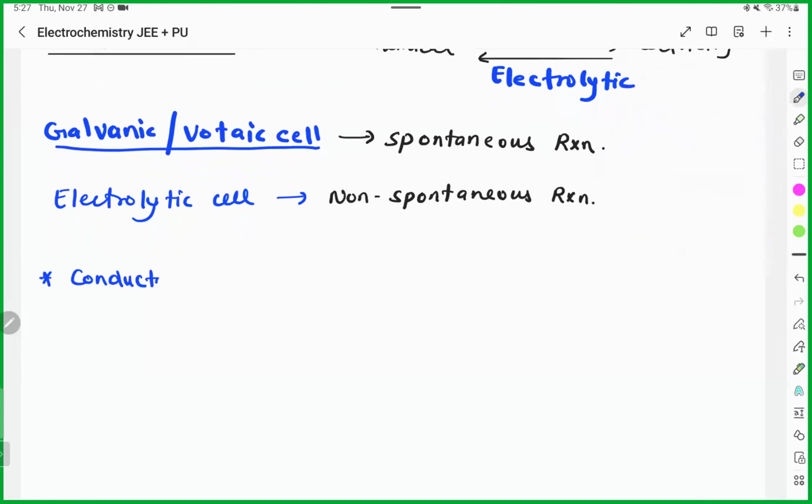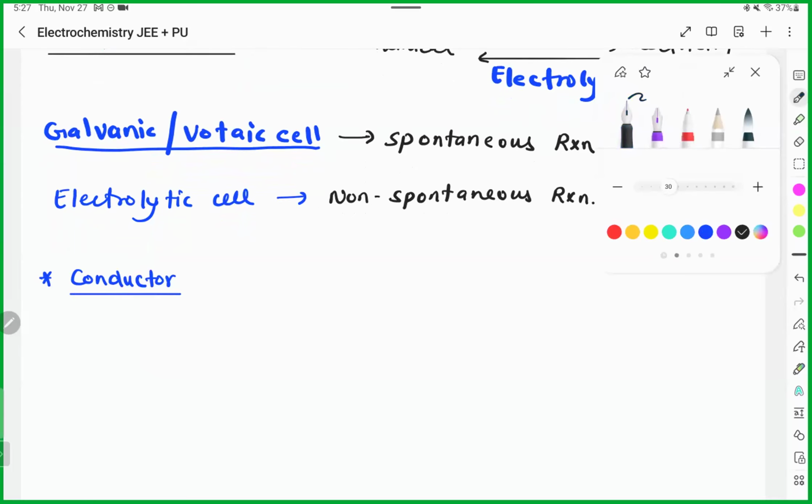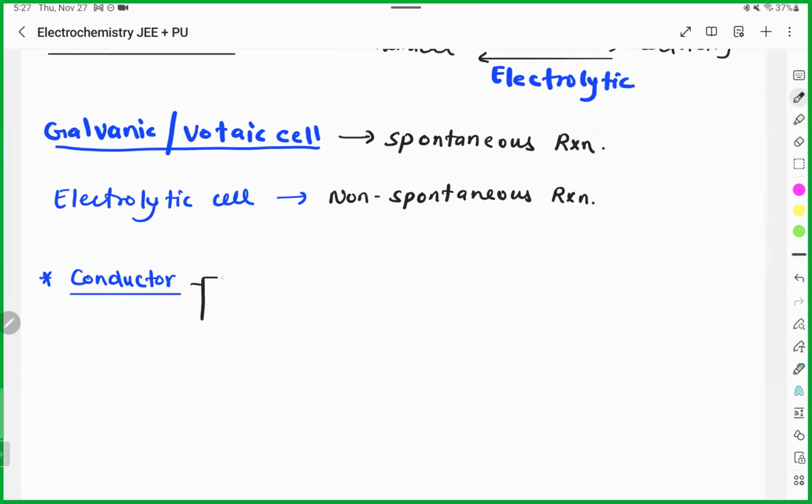Come to the conductor. You know what a conductor is. What are the different types of conductors, Jimmy? Metallic conductor, metal conductor, correct? And second is electrolytic conductor or ionic conductor.